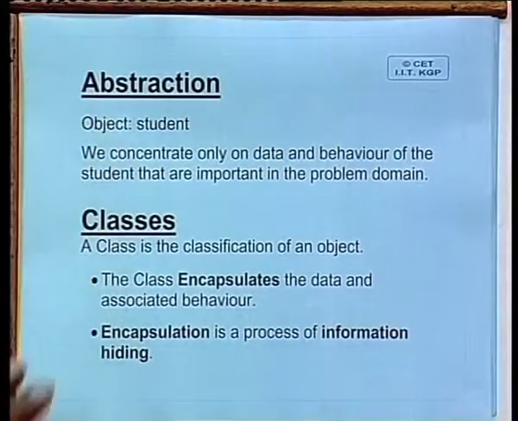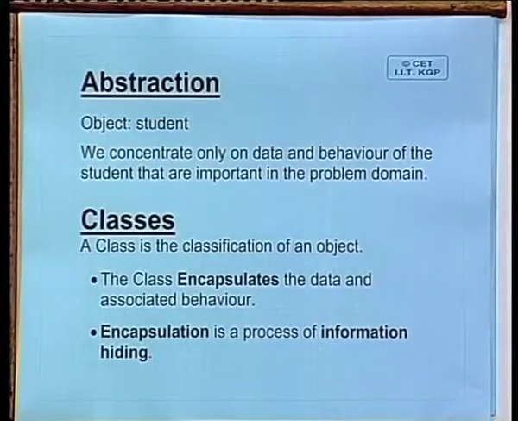See, abstraction essentially means that a student can have lots and lots of data and lots of behavior, but are we going to use all of that? We are going to use only that aspect of student which are important to us in a given context. Is it all right? In a given context.